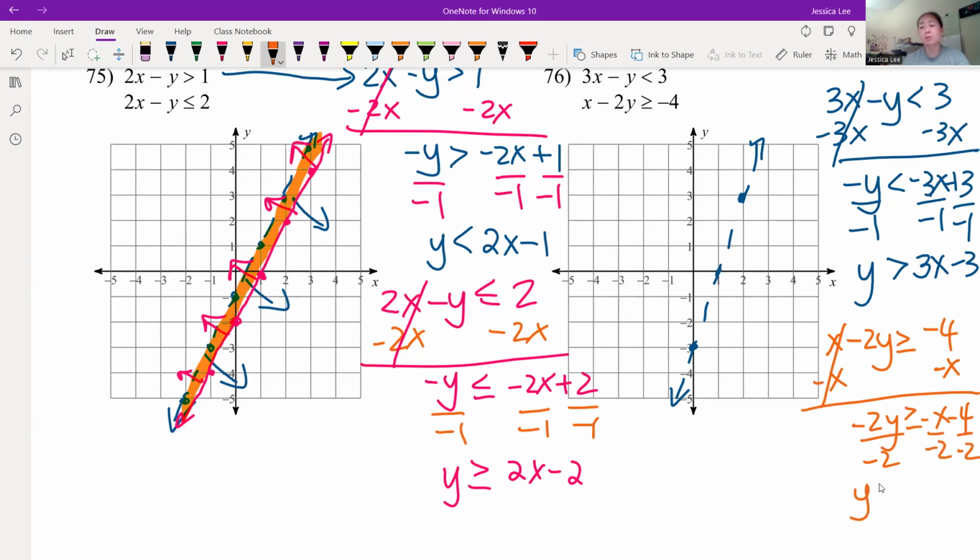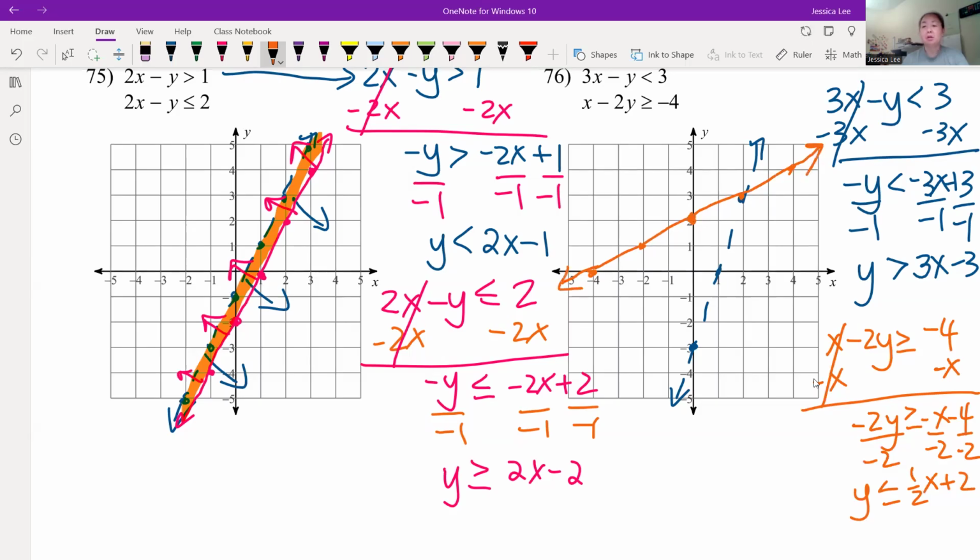And so y, again, we are dividing by negative. So we're going to flip to less than or equal to 1/2 x. That's negative 4 divided by negative 2, so it's positive 2. So we're going to go to positive 2, and it's the slope of 1/2. And it is a solid line.